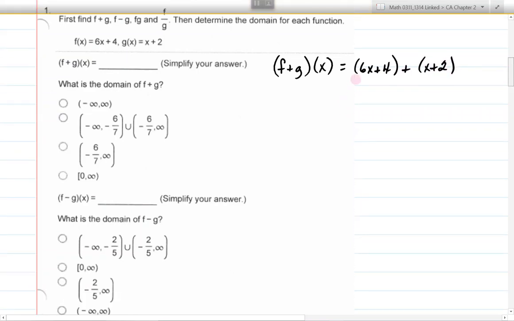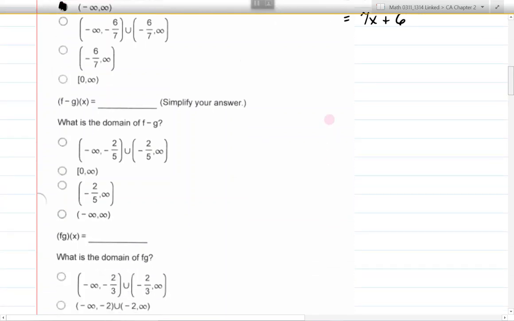I can drop the parentheses off, and that gives me 6x plus 4 plus x plus 2, which is 6x and an invisible 1x, gives me 7x plus 6, 4 and 2 gave me 6, and that is the sum function. Because both the f and the g have the domain of all real numbers, then so does the sum. And negative infinity to positive infinity implies every number in the real numbers is in that domain.